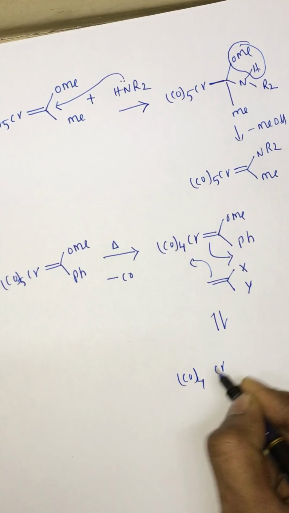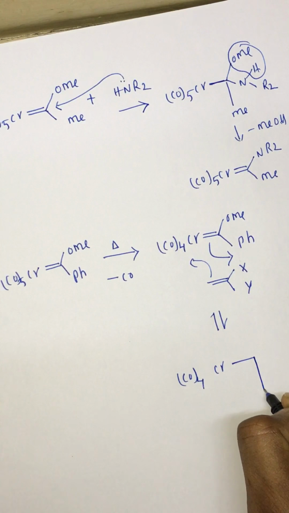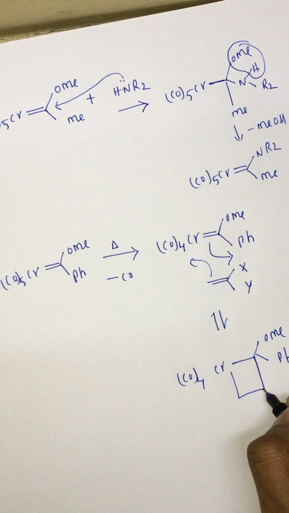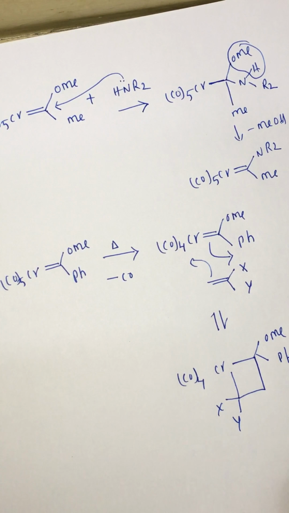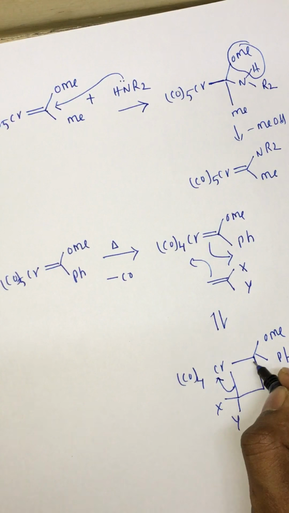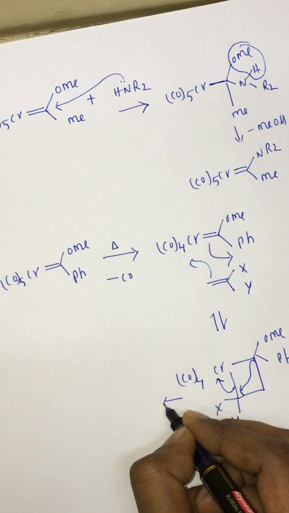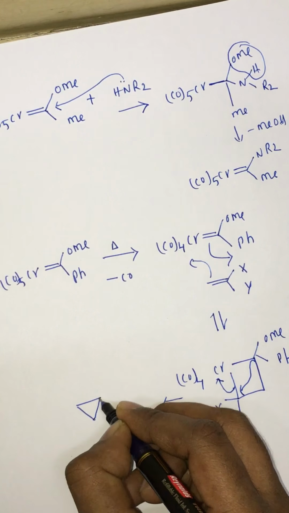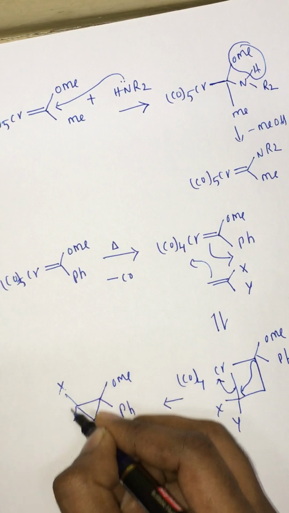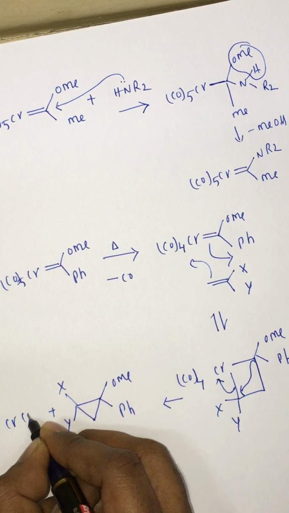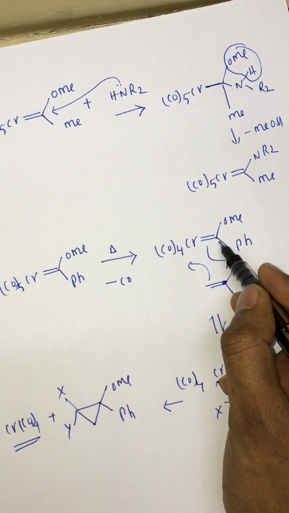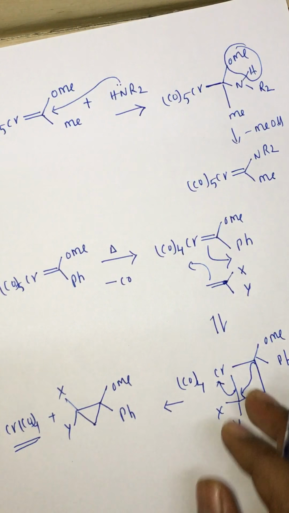It will become CO4, OMe, Ph, and X and Y. Now we remove this, and this bond goes like this, and this bond comes here. So there is generation of a cyclopropane ring, Ph XY plus CrCO4. Here also we can see the nucleophilic center is going and attacking this electrophilic carbon.